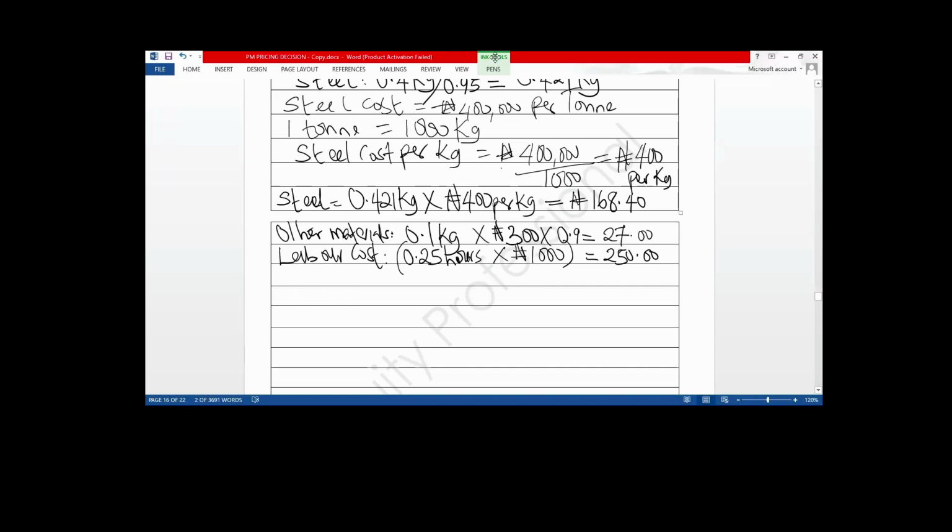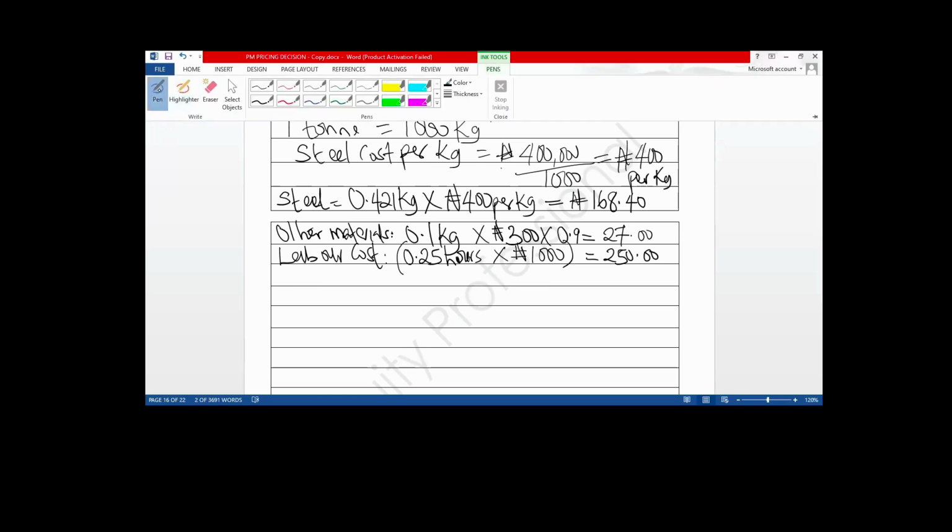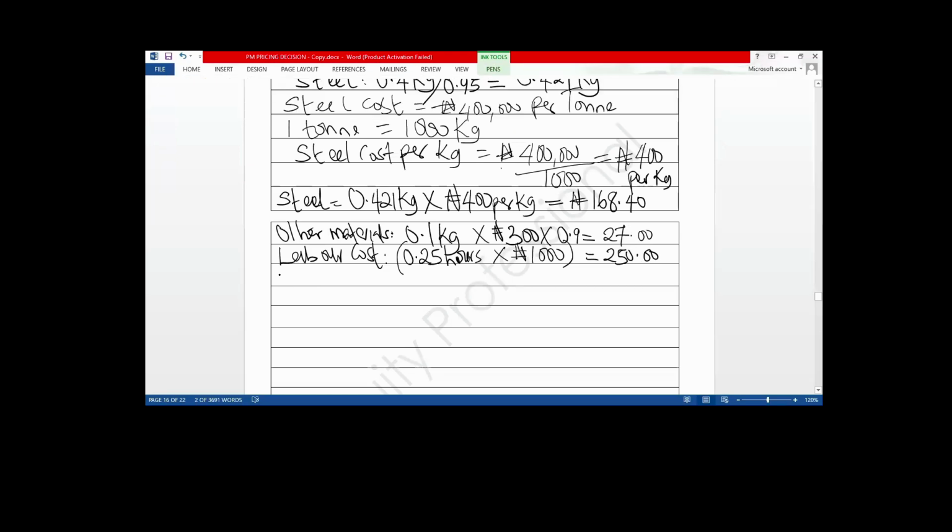Let me pick my pen. Our variable overhead is equal to 0.25 hours multiplied by, please, what is 150% of 1,000?